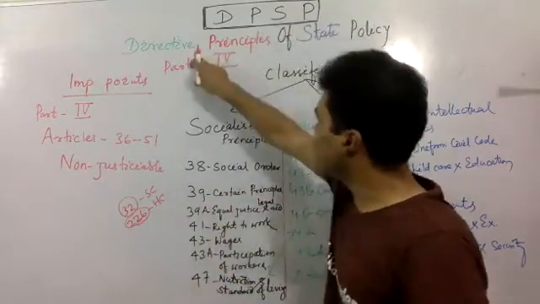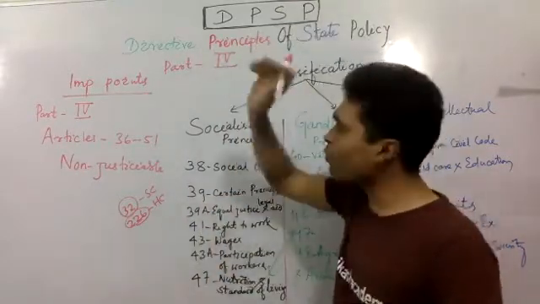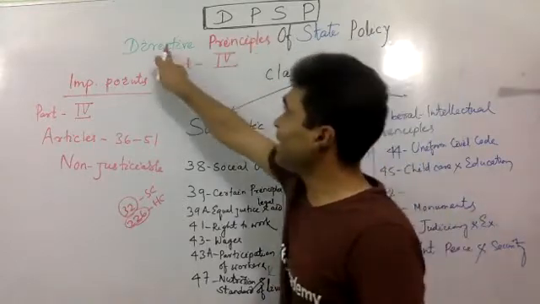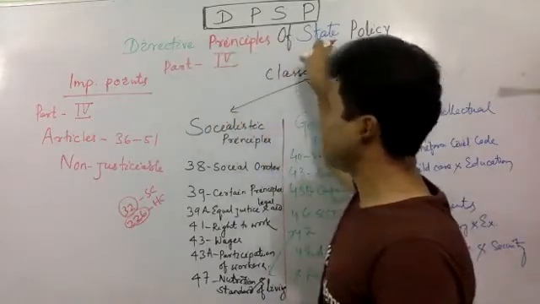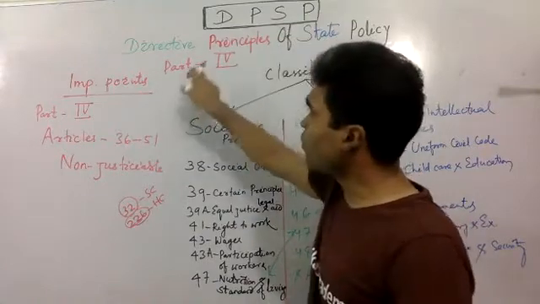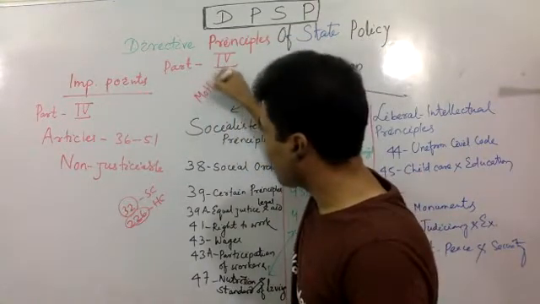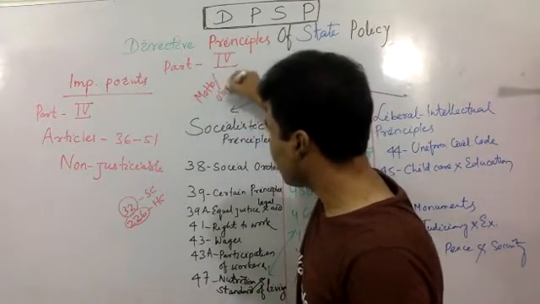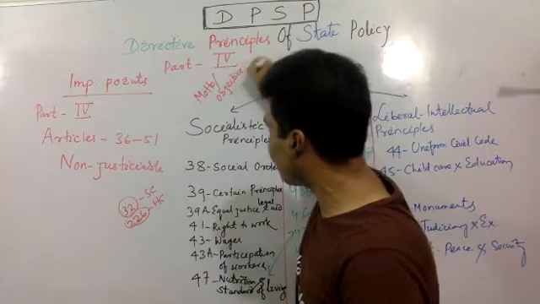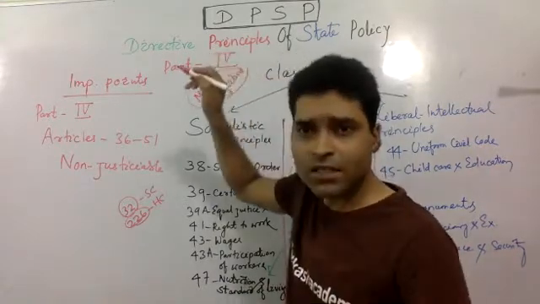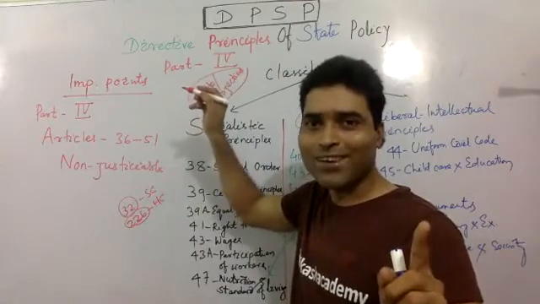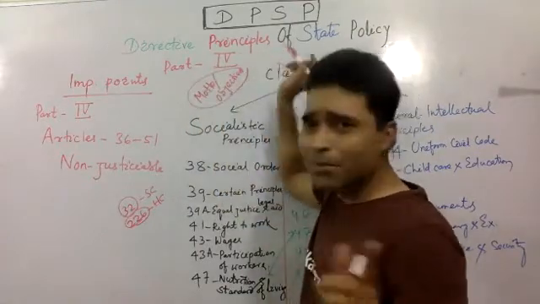You see, what is the meaning of this DPSP? If you go to the background, Directive Principles of State Policy. What is the motto or objective of DPSP? Very simple.